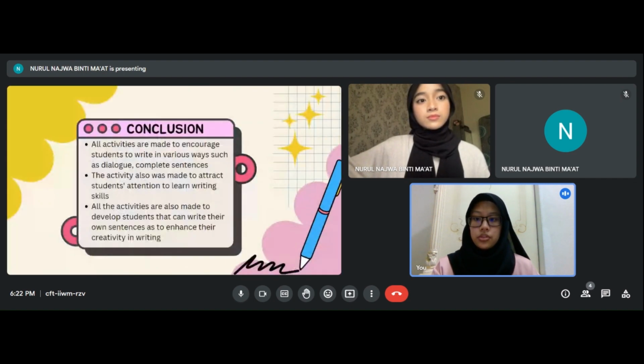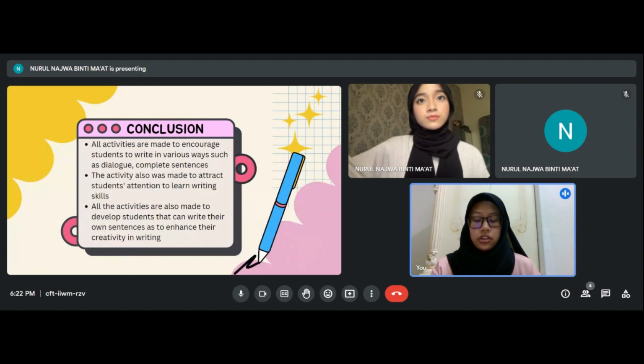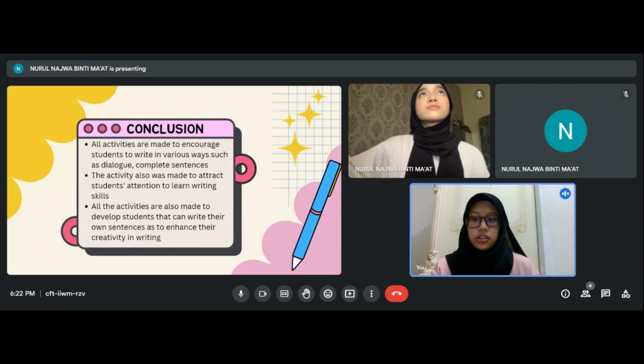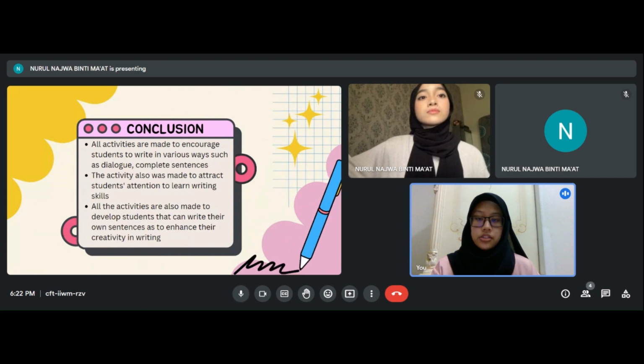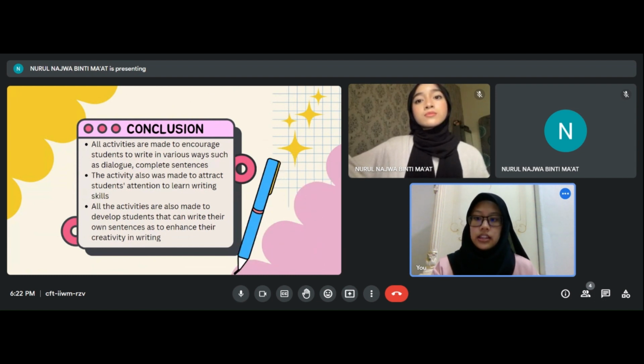Now we move on to our conclusion. This is our conclusion based on the activities that we made for this assignment. All the activities are made to encourage students to write in various ways, such as dialogue, complete sentences, answering subjective questions, and essays. The activities are also made to attract students' attention to learning writing skills.